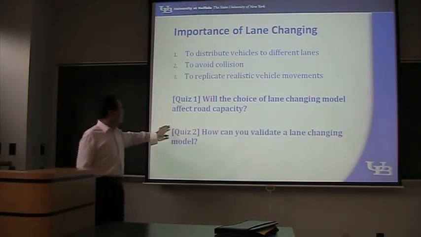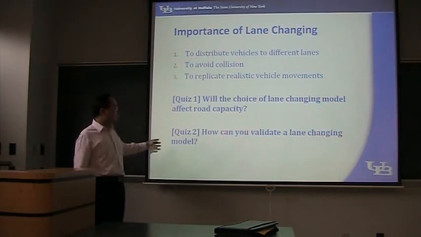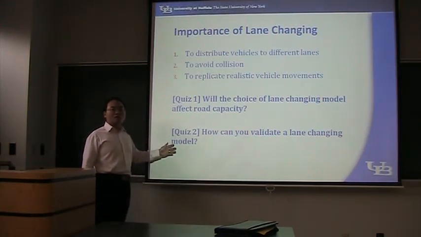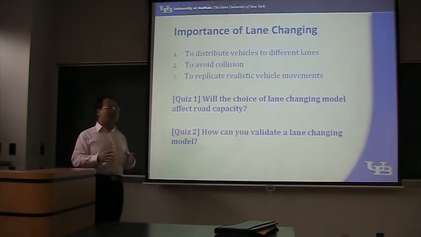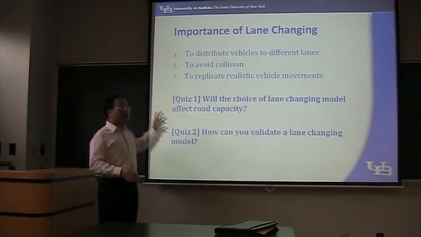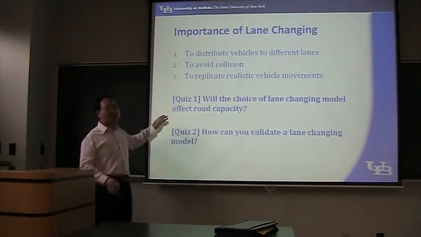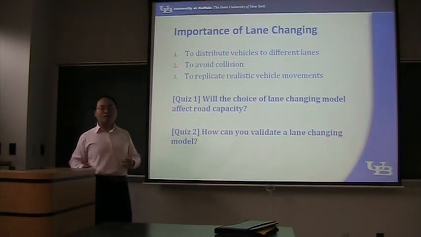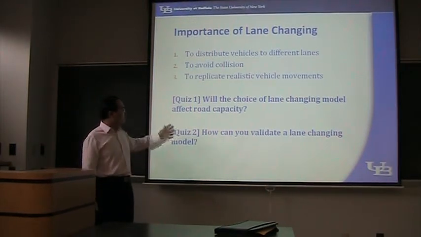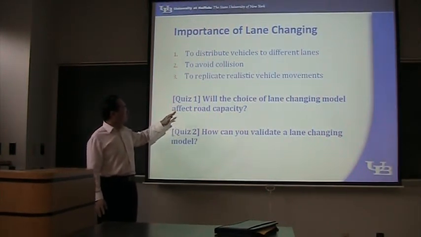Then certainly, naturally, we come to the second question. How can you validate a lane changing model? If you remember, in the car following model lecture, we said the choice of car following model will not affect road capacity. Then we can only use time-space diagram to validate it. But in this case, it will affect road capacity.